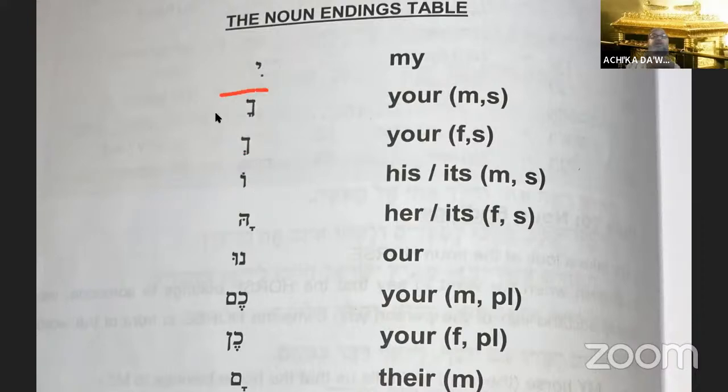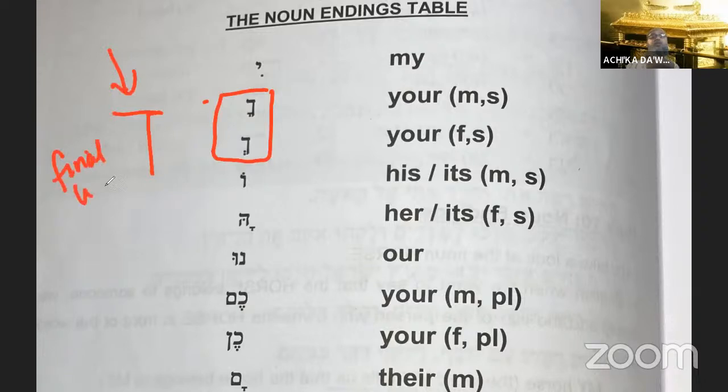Some things you're going to see with the kaf on here, like this. When I see this particular letter, this final kaf on the end of a word, it's going to tell me that I'm dealing with a noun. And the verbs, you've got a tav on the end.